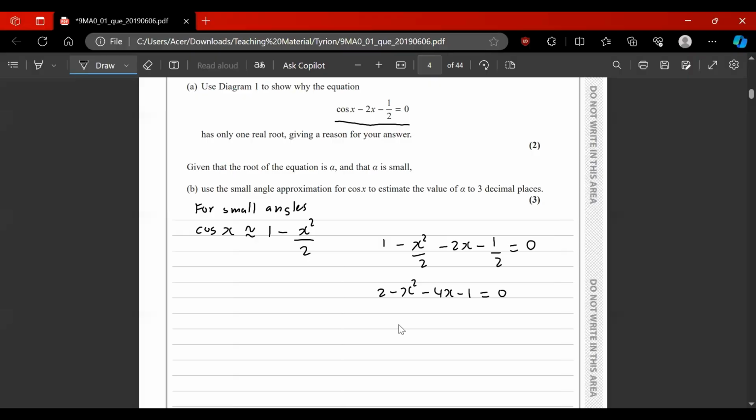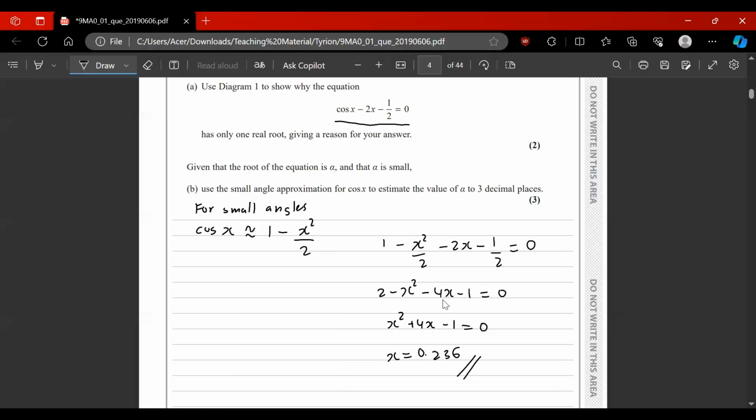This leads us to the quadratic equation x squared plus 4x minus 1 equals 0, which you can now solve using a calculator. You should find the solutions, and one is 0.236. You can ignore the negative value, and therefore this will be your final answer.